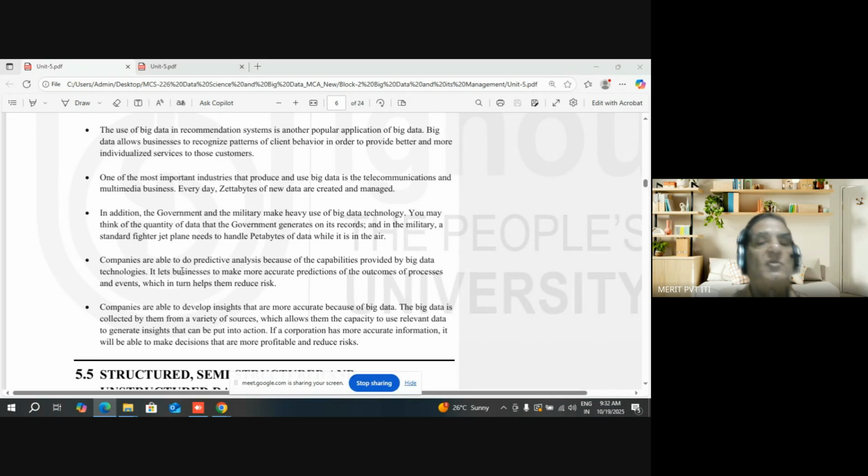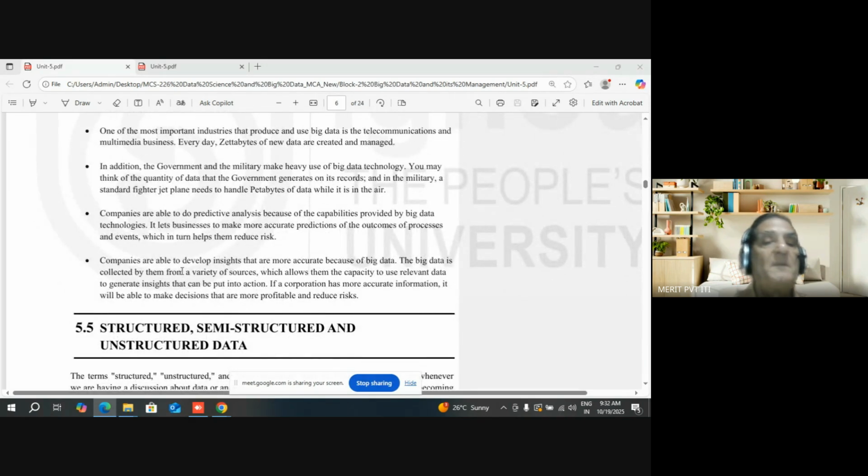Companies are able to do predictive analysis because of the capability provided by big data technology. It lets business make more accurate predictions of the outcome of processes and events, which in turn helps them reduce risk. Companies are able to develop insights that are more accurate because of big data. So that type of thing.